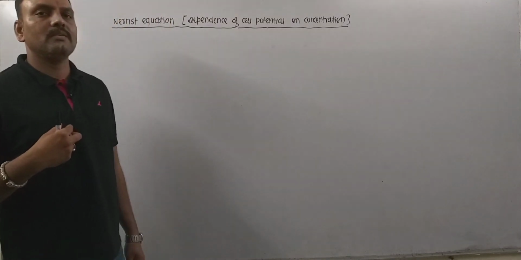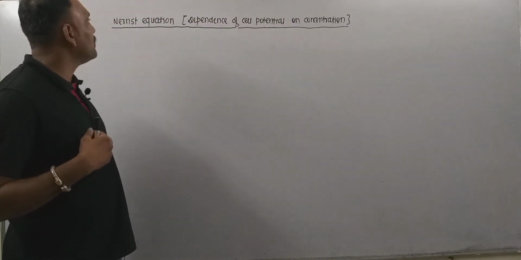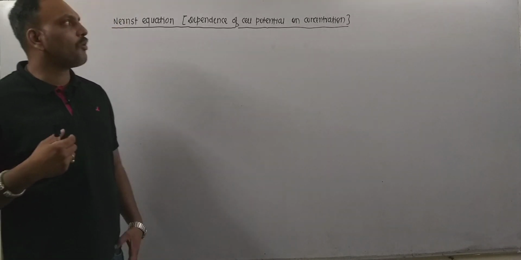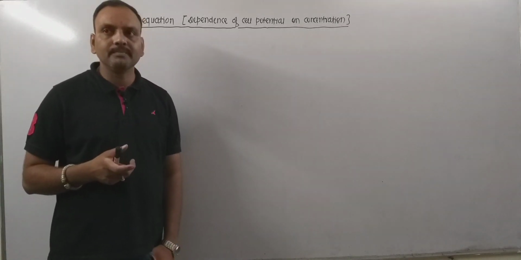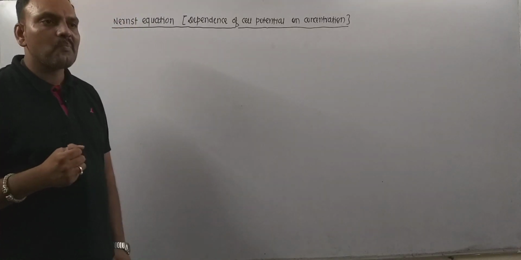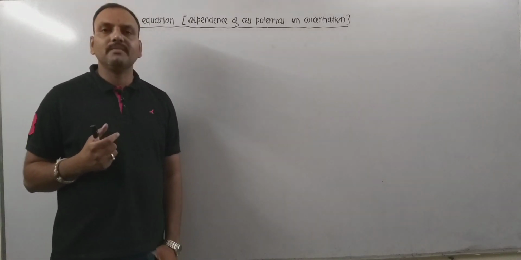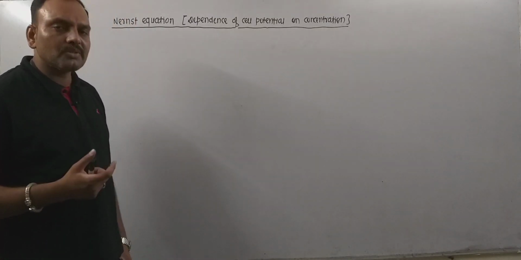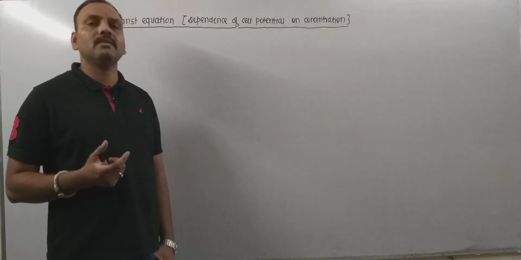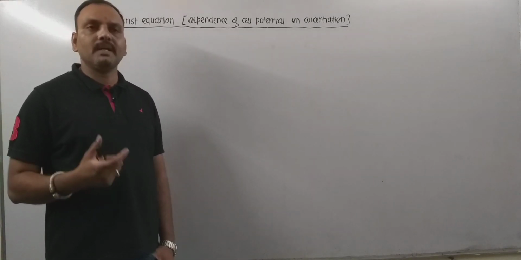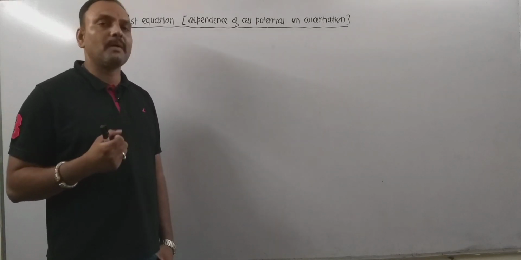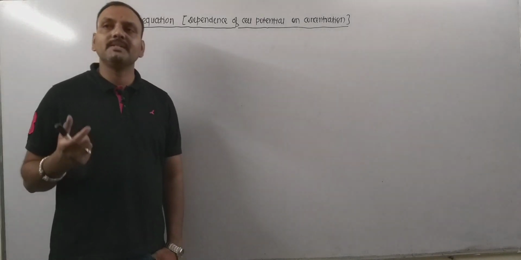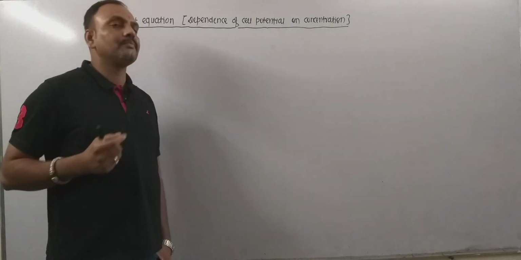Good morning to all. So today we are going to discuss the Nernst equation, that is, the dependence of cell potential on concentration. We know very well that electrode potential and cell potential depend on the concentration of electrolyte, then the pressure of the gas at which it is bubbled if gas is present, and the temperature at which these things are happening.